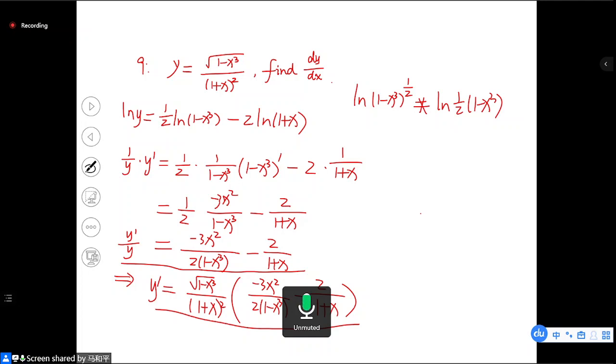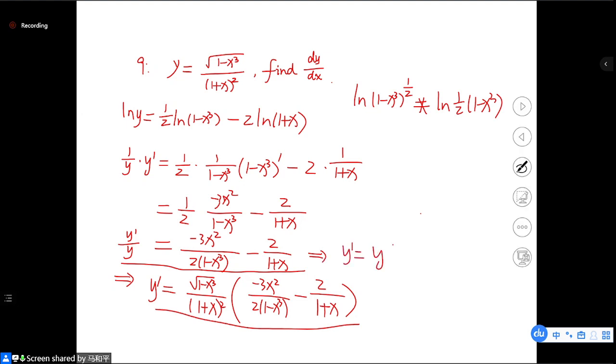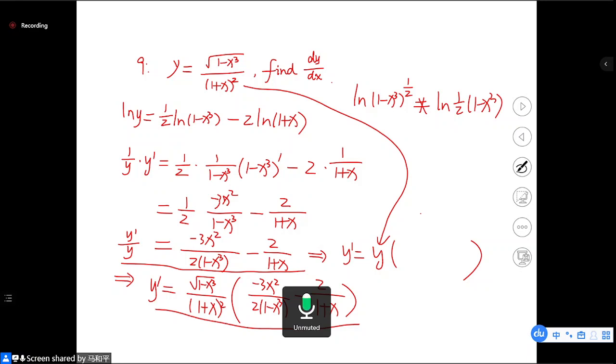From this, we have y prime is equal to y times this one, right? Y times this. And y is replaced by 1. So we have this.